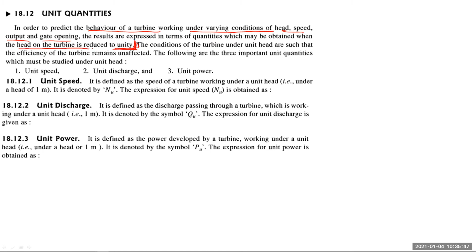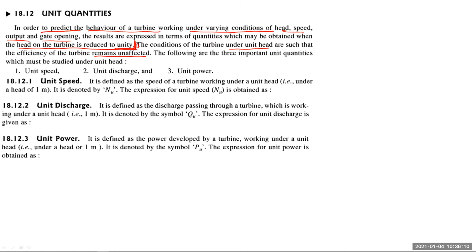The head of the turbine is reduced to unity. The conditions of a turbine working under unit head are such that the efficiency of the turbine remains unaffected. Two things you have to observe here. Why are unit quantities used?